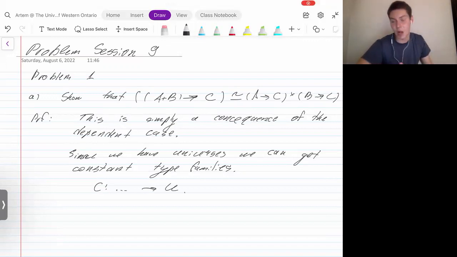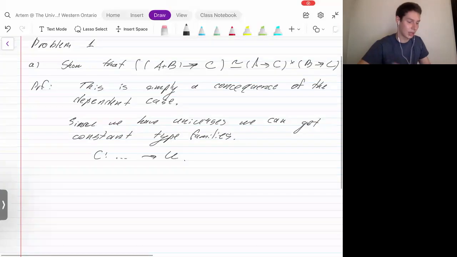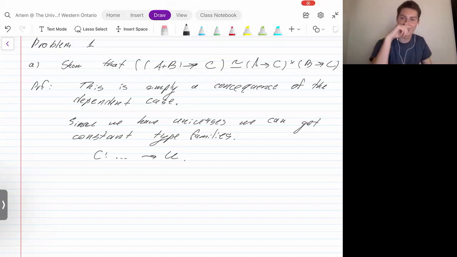And so this constant thing on every assignment will just give you your type C, which you can form independently of A and B. Hence, you will be able to get an equivalent statement. So this function is going to give you something which is equivalent to your original standard type.